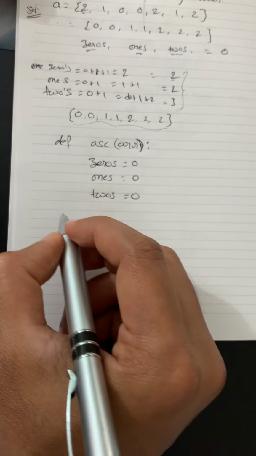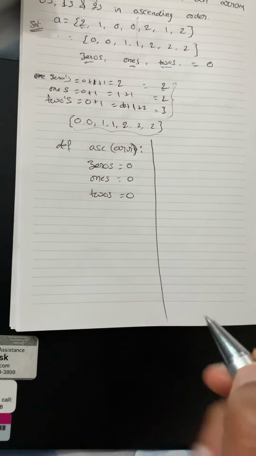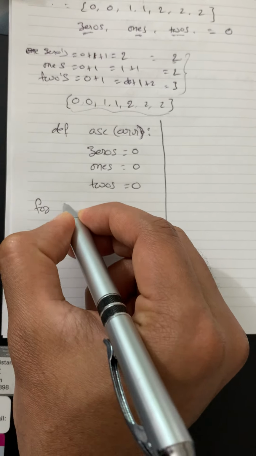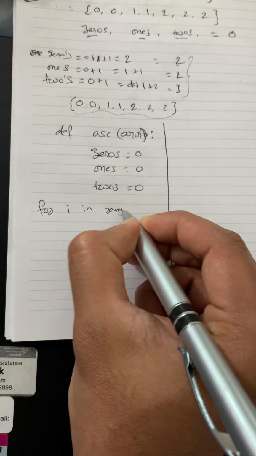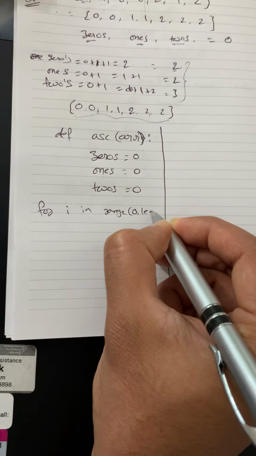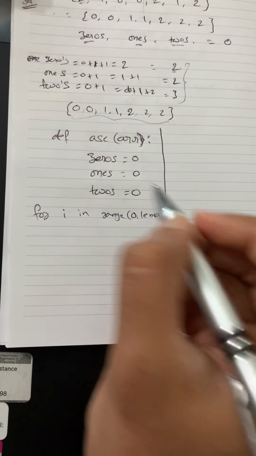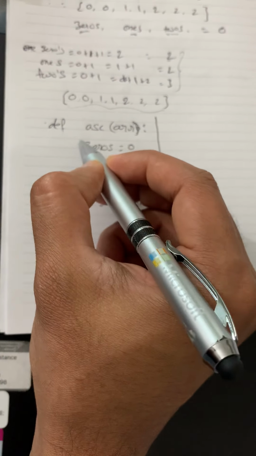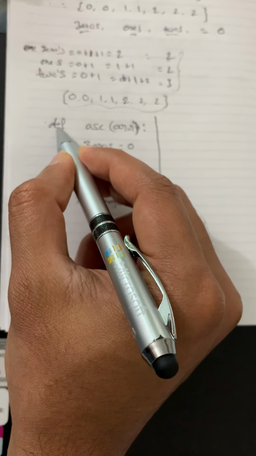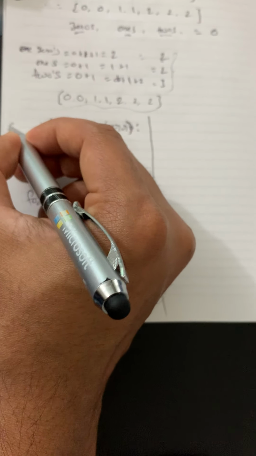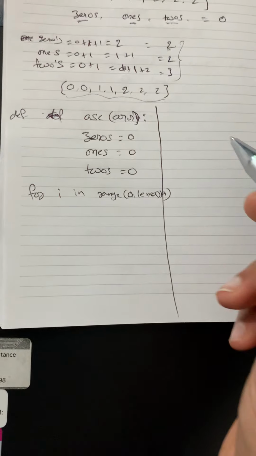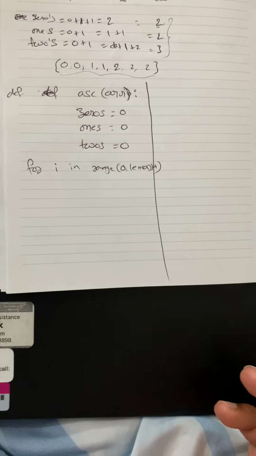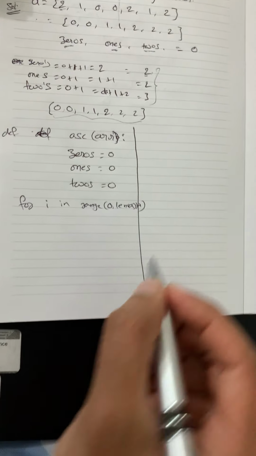Now I will be using a for loop, for i in range 0 to length of a minus 1. This for loop is inside this function. I just divided it because of the space in my notebook. I don't want to use 2 papers like in my previous video, which was a bit confusing.